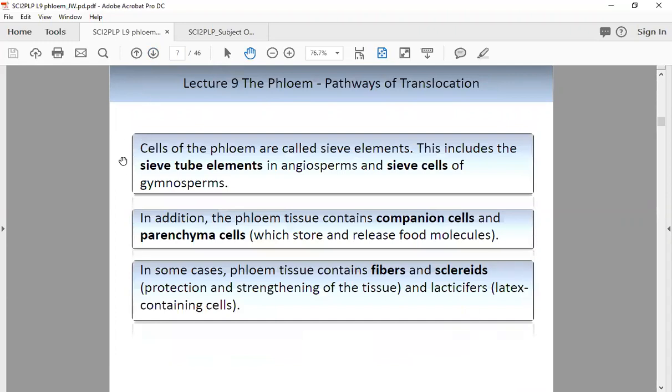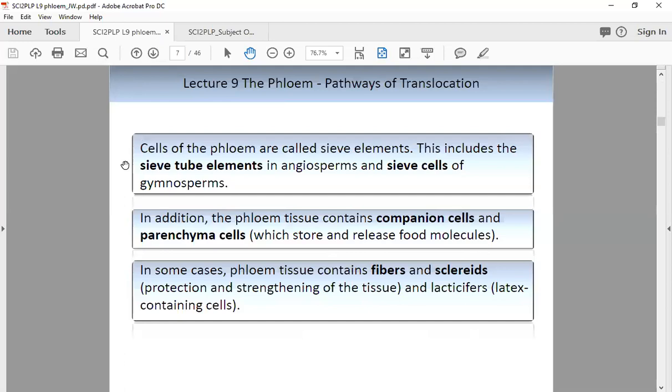All right, so let's take a closer look at the structure of the phloem. So the cells, the main cells of the phloem, are called sieve elements. And this includes sieve tube elements that you would find most commonly in the angiosperms, and sieve cells that you'll find in gymnosperms.